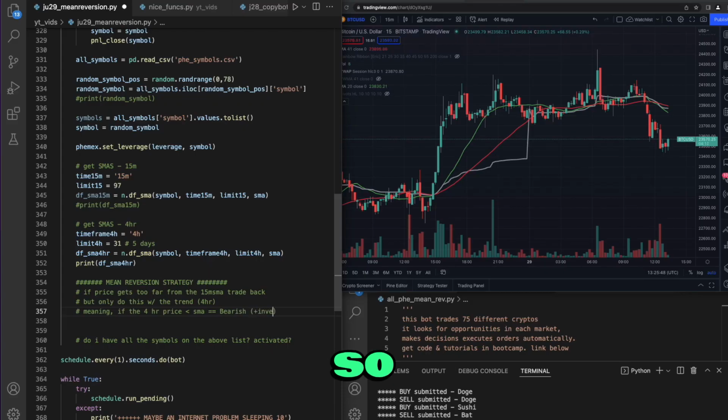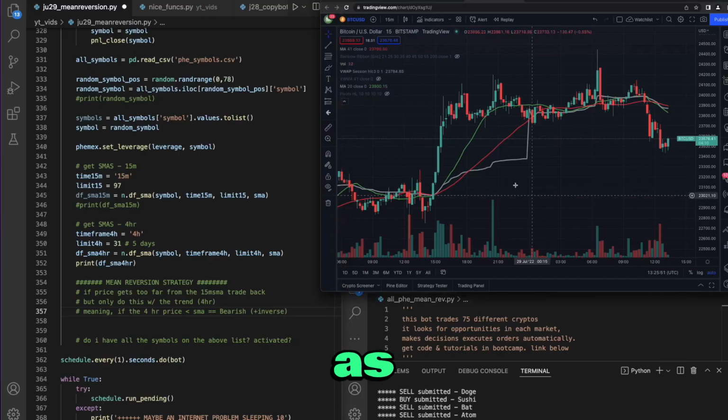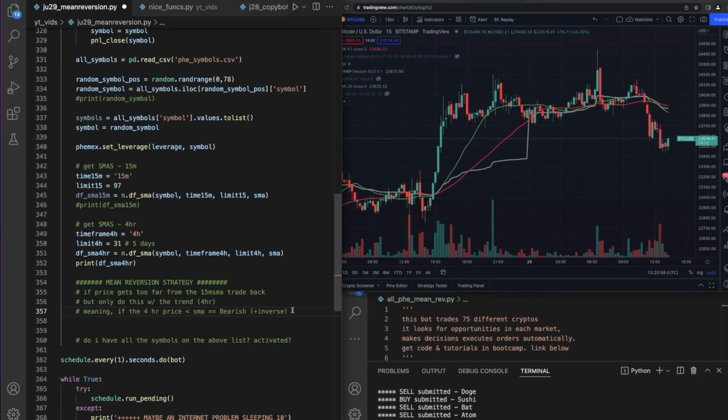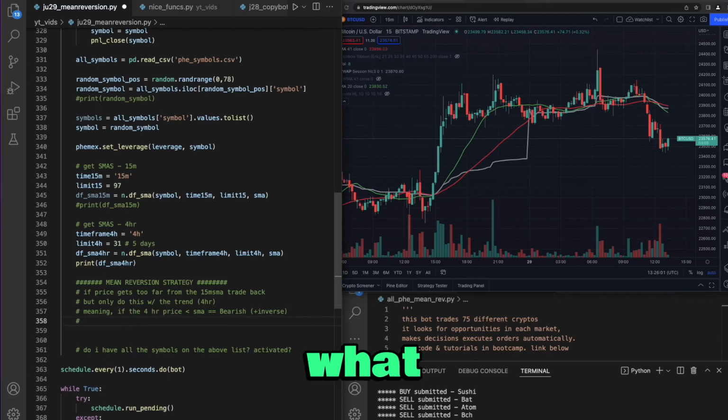Plus inverse. What I mean by plus inverse is it's the same as true, but the opposite way. Essentially, what I mean by that inverse is if price is over the SMA, it equals a bullish trend.